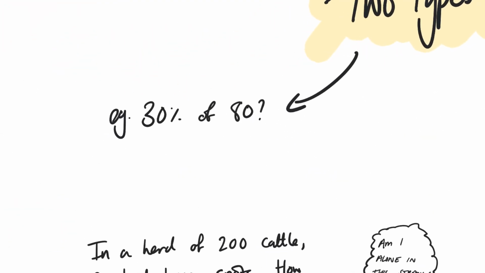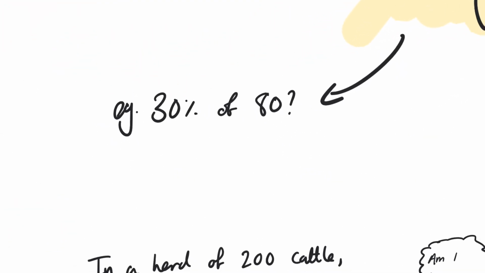The other type you might have is it will ask you, for example, what is 30% of 80? Now, easiest way to do that, so if you think of 30%, percent means by 100, so it's 30 out of 100 in terms of your 30%. So you would write it down as 30 divided by 100 and then times by 80 as your sum to figure out this problem here.